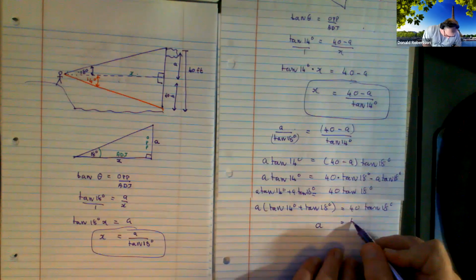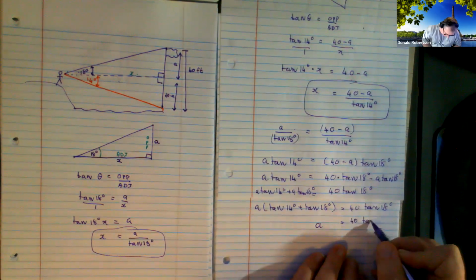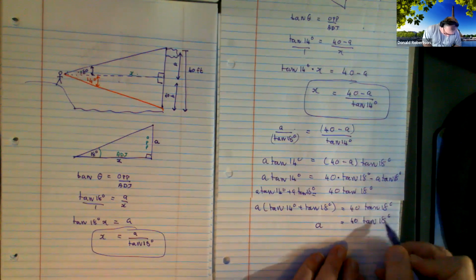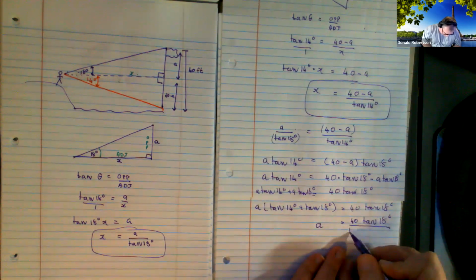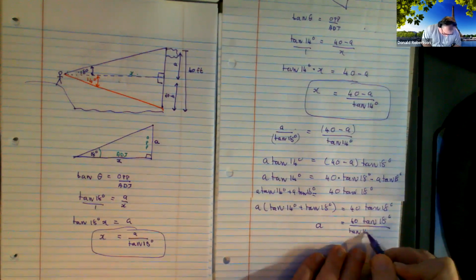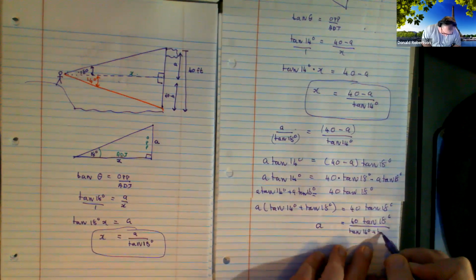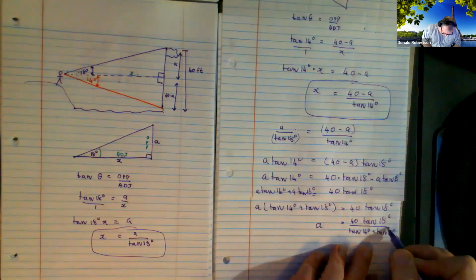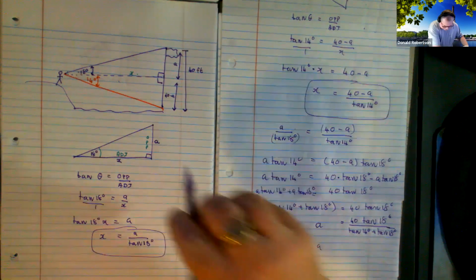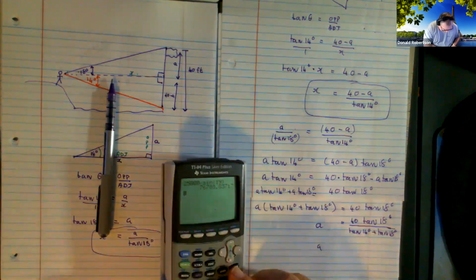So we now have 40 times the tan of 18 degrees, all over the tan of 14 degrees plus the tan of 18 degrees. And that's really why we have calculators. So here it goes.